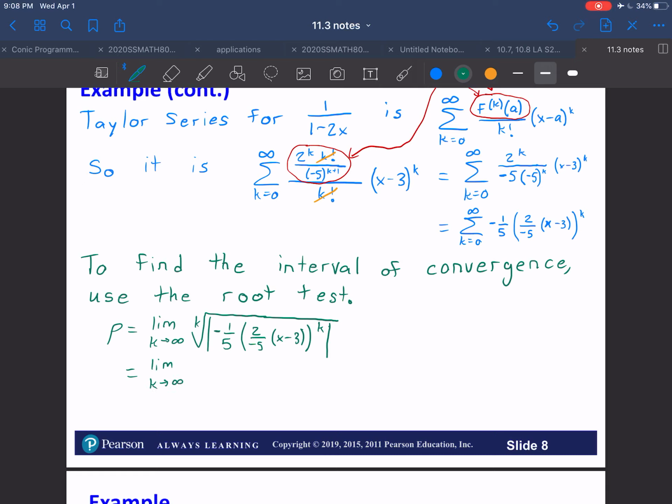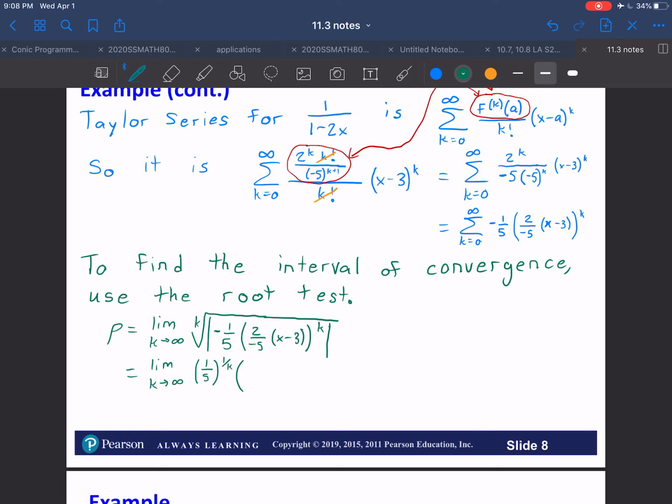The kth root and the k power cancel out, but one thing that we should be extra careful about is that not everything is raised to the k power. This negative 1/5 is not raised to the k power, so we need to write that this is equal to 1/5 raised to the 1 over k power, because that's what happens when this kth root expands to that negative 1/5.